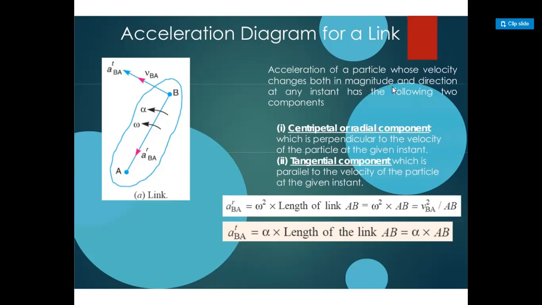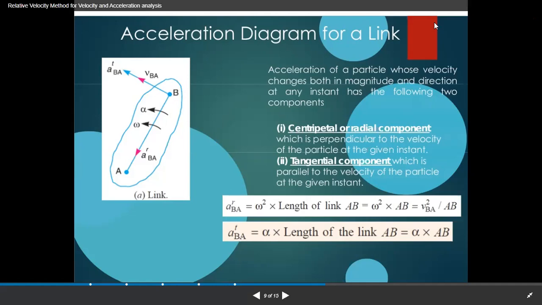And if a link rotates with respect to another link to which it is connected by the pin, then the rotational motion which arises due to the relative velocity at the pin or pivot is called the rubbing velocity of the link, right? In examples, most of the time you have to consider the rubbing velocity to analyze the velocity in the kinematic link. So till next time, that's it.